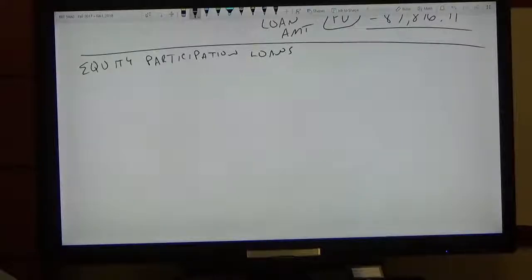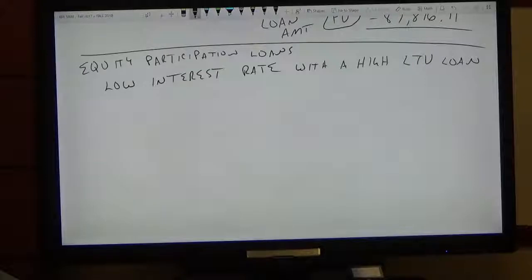you may have a situation where someone is willing to give you a low interest rate with a high loan-to-value loan, okay? And you're saying, awesome, what better deal can I get than a nice low interest rate loan with a high loan-to-value, okay?